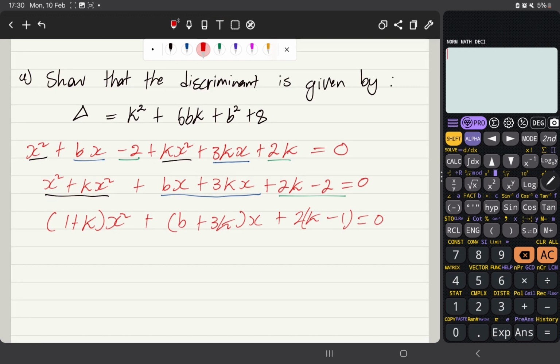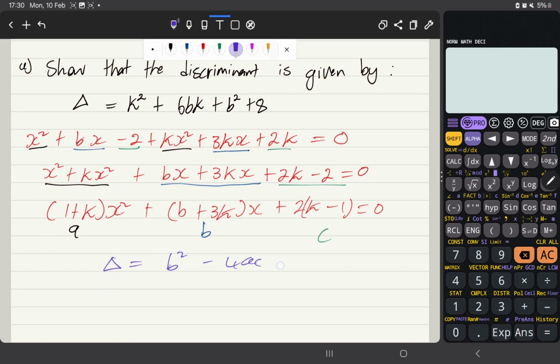Yeah, so now with what I have done here, I know this is a, this is b, and I know this is c. So the formula says discriminant is b squared minus 4ac.